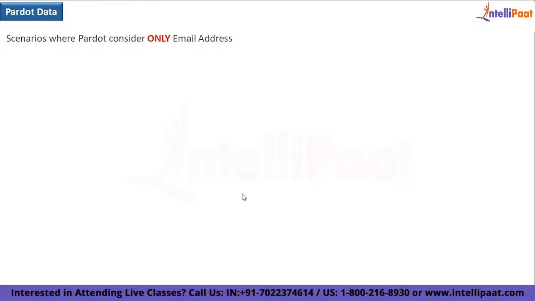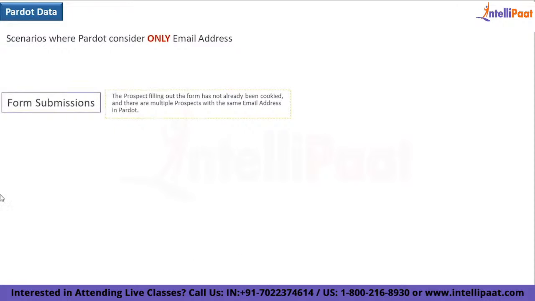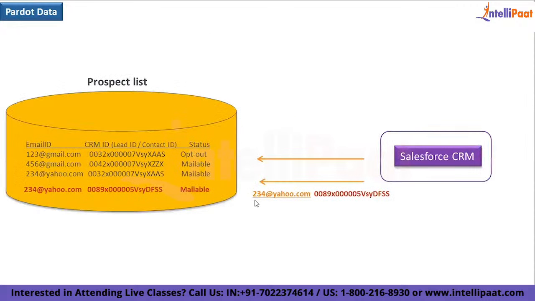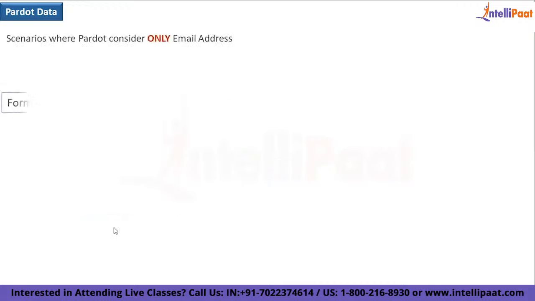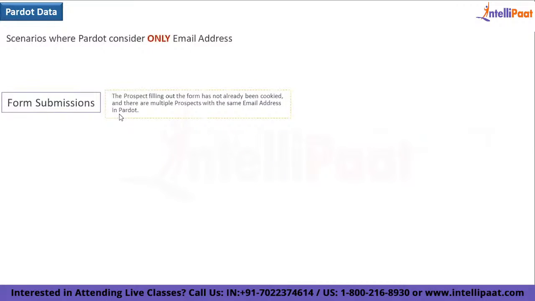Now, what are the scenarios where Pardot considers only the email address and does not consider the CRM ID? When a form is submitted, let us say the prospect filling out the form has not already been cookied and there are multiple prospects with the same email address on Pardot. In this case, we have multiple prospects with the same email address but different CRM IDs. If such a prospect submits the form, it will only consider the email address and not the CRM ID.